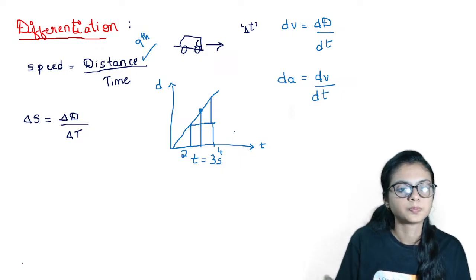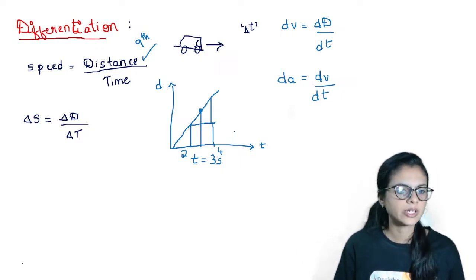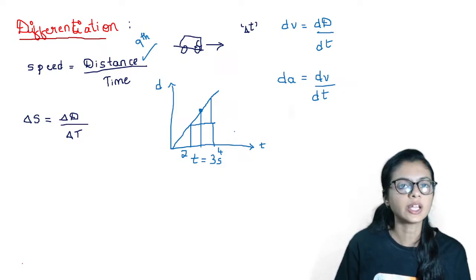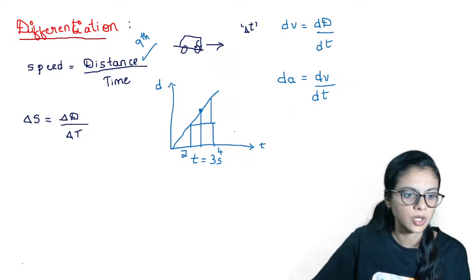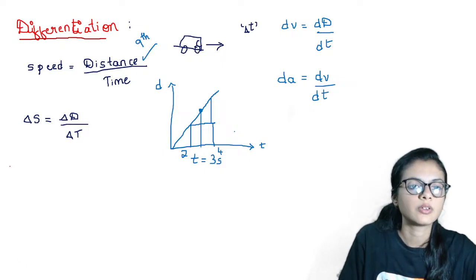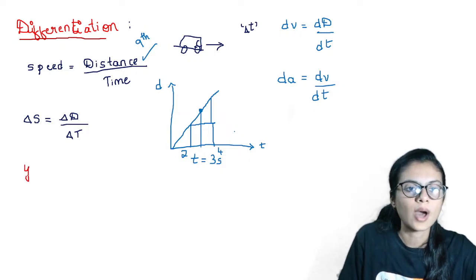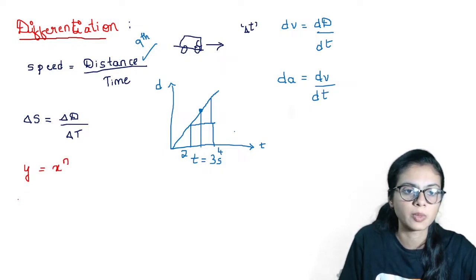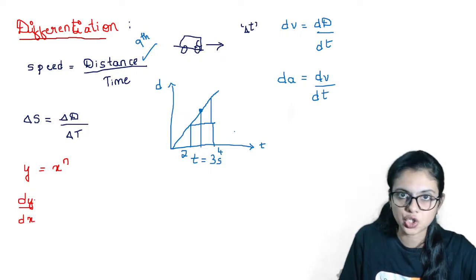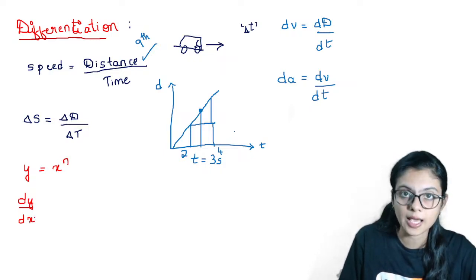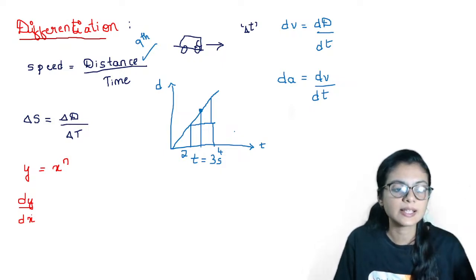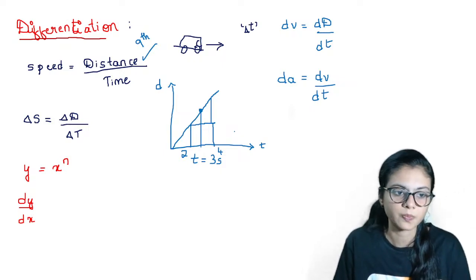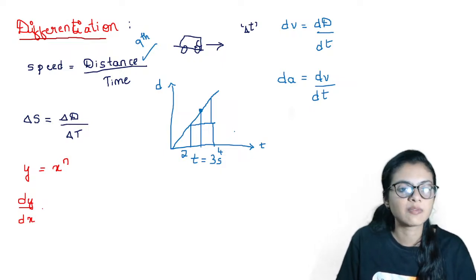Now let's understand how the formulas of differentiation actually work. If I consider y to be a function which is x power n, this is a very important formula. First we will study about dy by dx. That means y is a function which is changing with x. So listen to me properly. y is a function which is changing with x. Clear? That is called dy by dx.